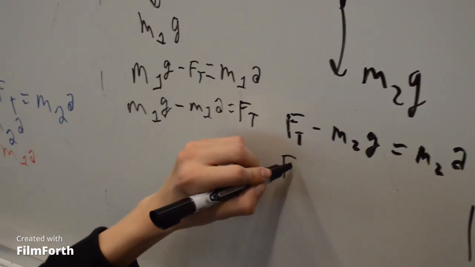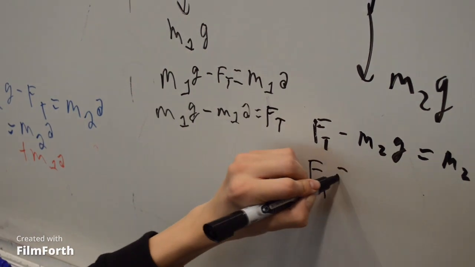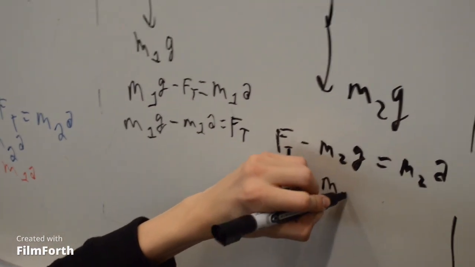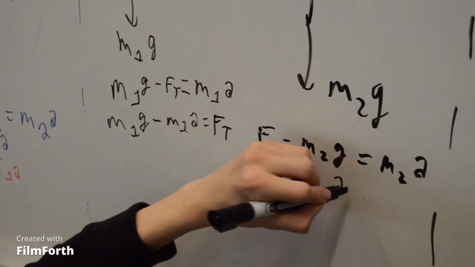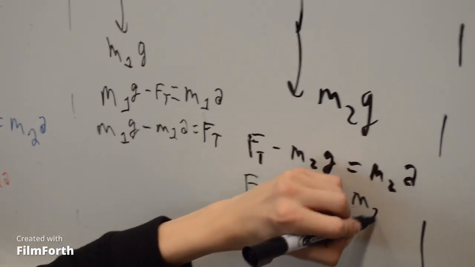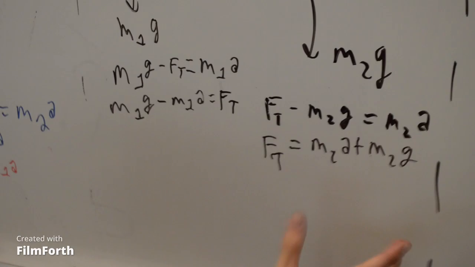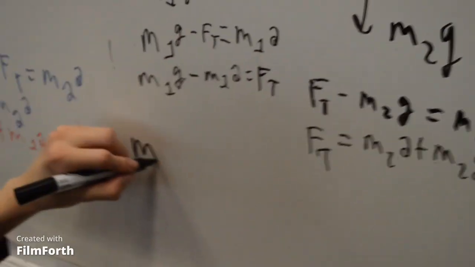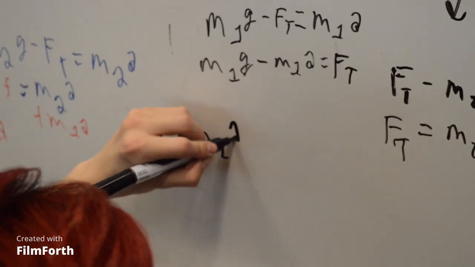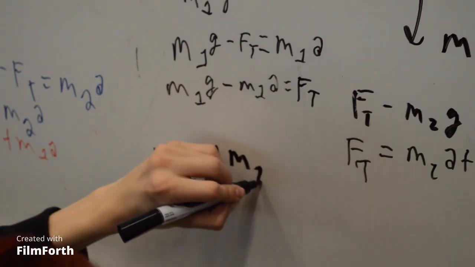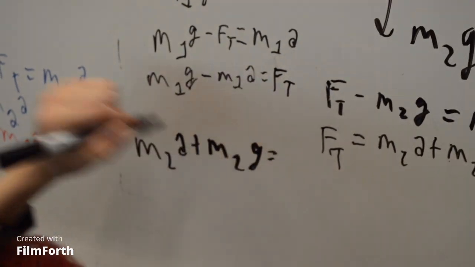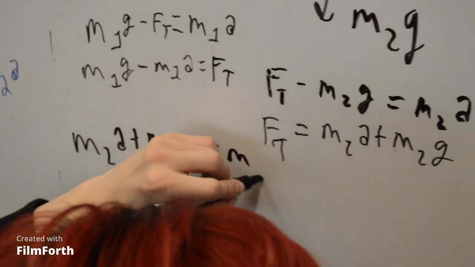This time, Ft will equal the sum of mass 2's net force and its weight, M2A plus M2G. So now, let's equate these with each other: M2A plus M2G equals M1G minus M1A.